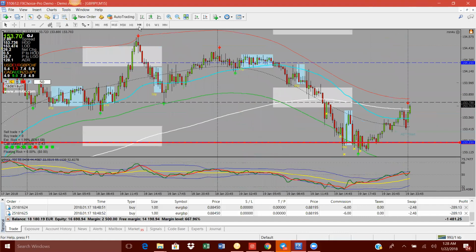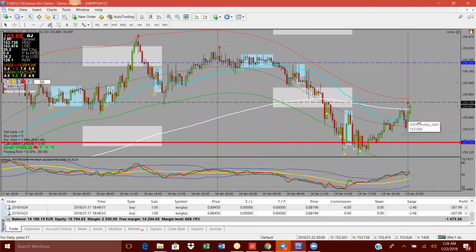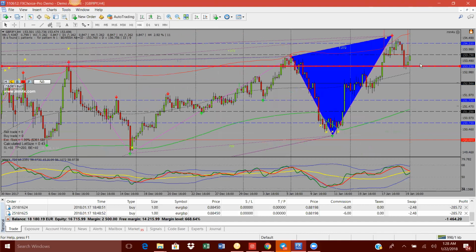So let us see, because we don't want to get in now, and we'll wait for it. I told you we'll put a sell stop here at 153.100.